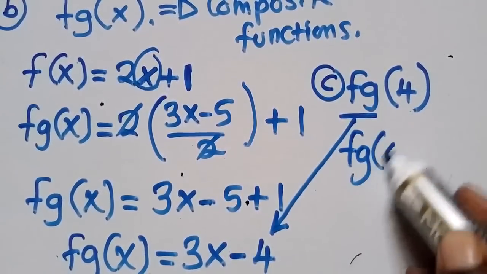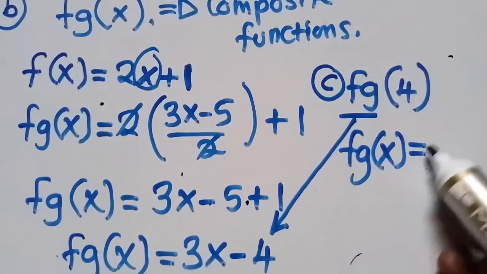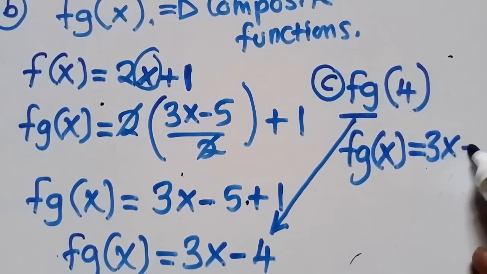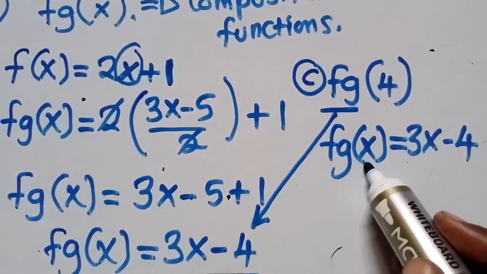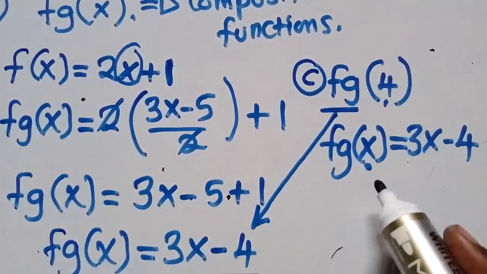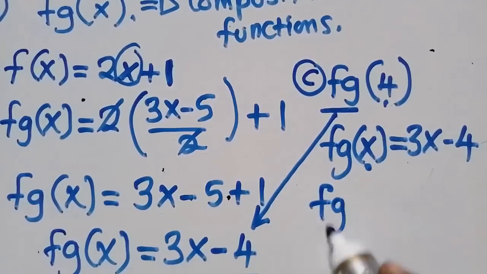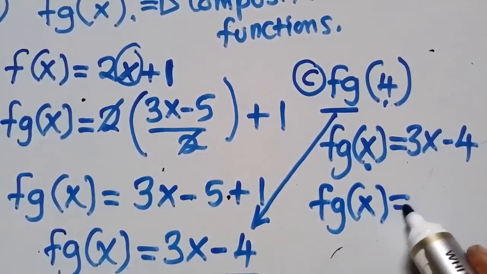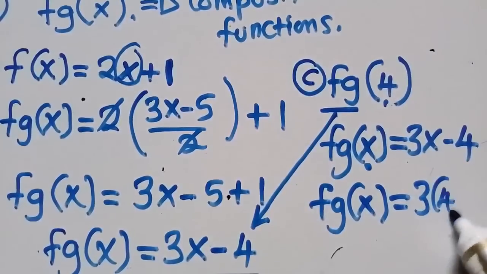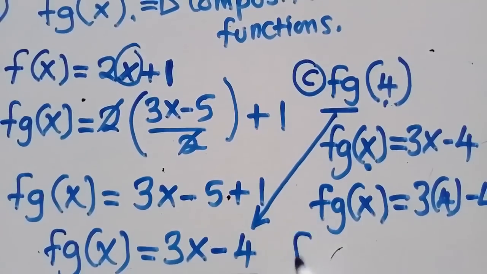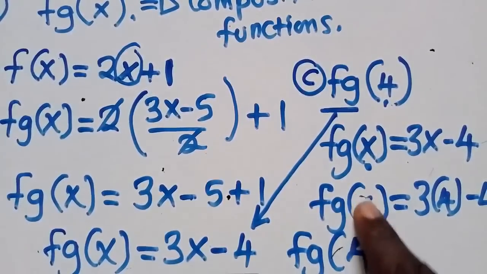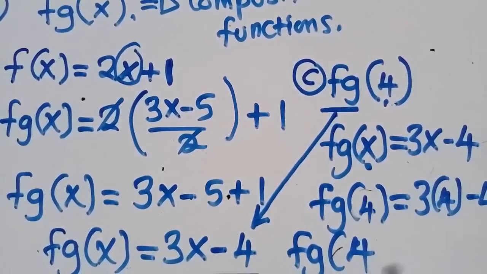So you say fg of x is equal to 3x minus 4. Then where there is x, you're going to put a 4. So fg of 4 is equal to 3 times 4 minus 4, because you've substituted a 4 there.